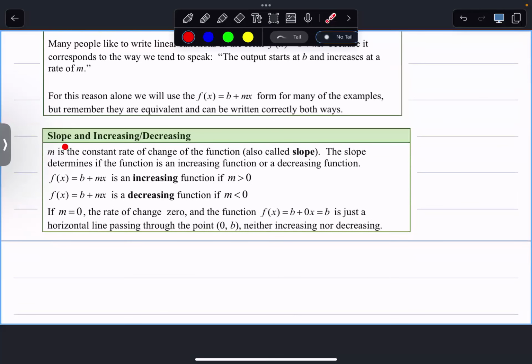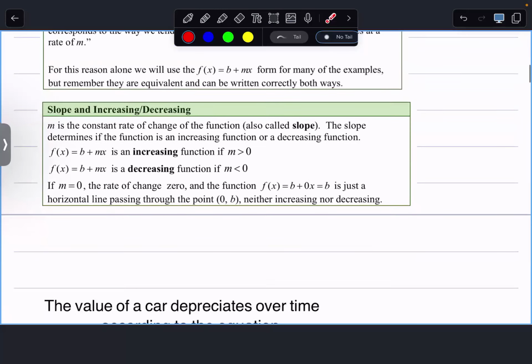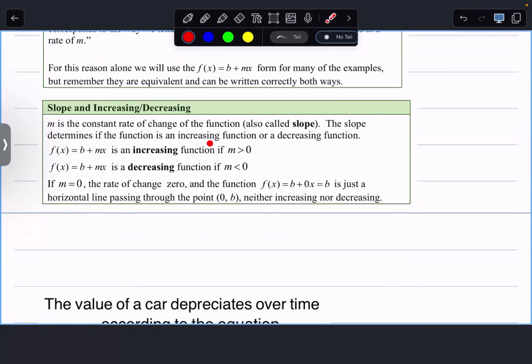So the slope is going to be very important. It's the only thing that's doing anything in our line. Otherwise, we just have a straight line with a slope of 0. So m is the constant rate of change of the function. And we can also talk about if the function is increasing or decreasing. Going back to the average rate of change, if you found a positive average rate of change, we said it was an increasing function.